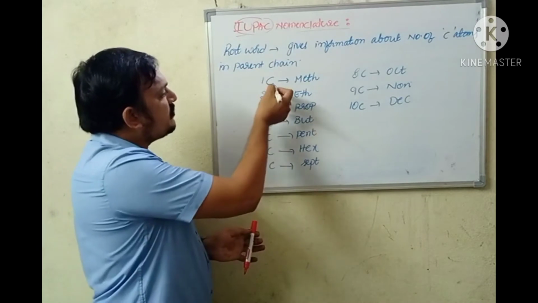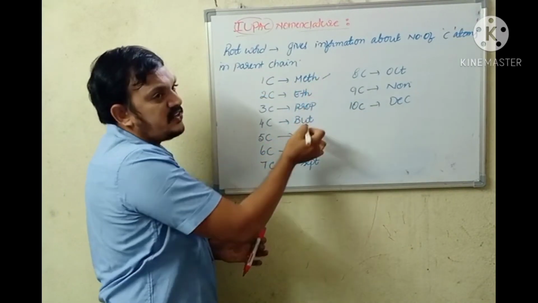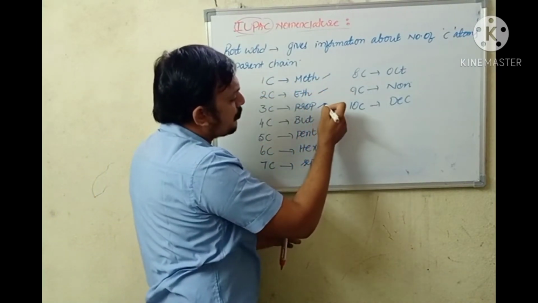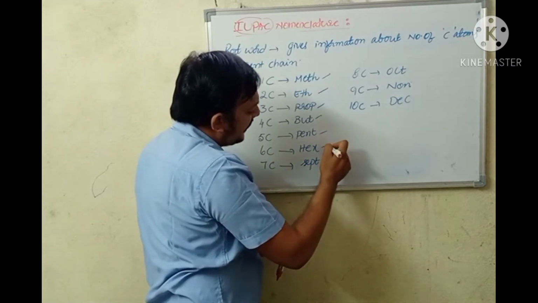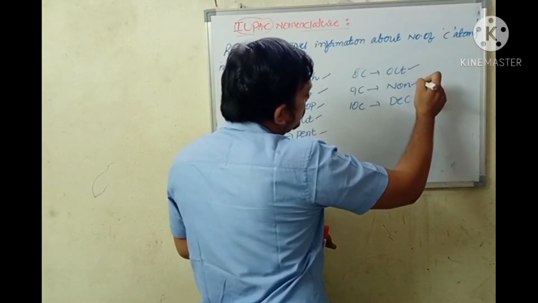If parent chain contains 1 carbon atom, it is given root word meth. 2 carbons, eth, prop, but, pent, hex, sept, oct, non, dec.